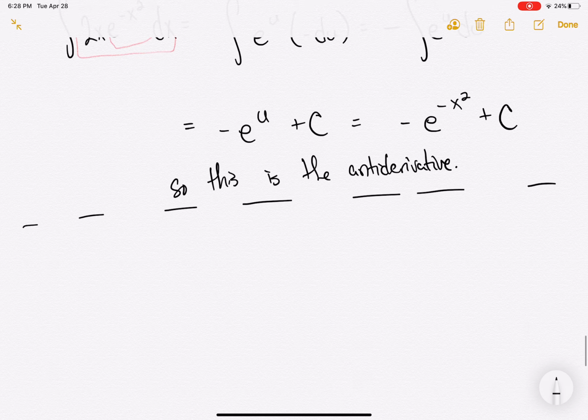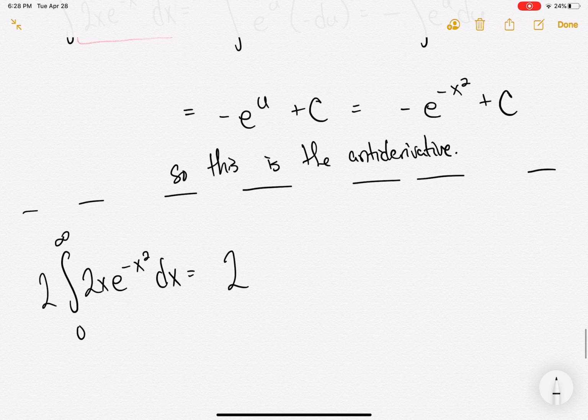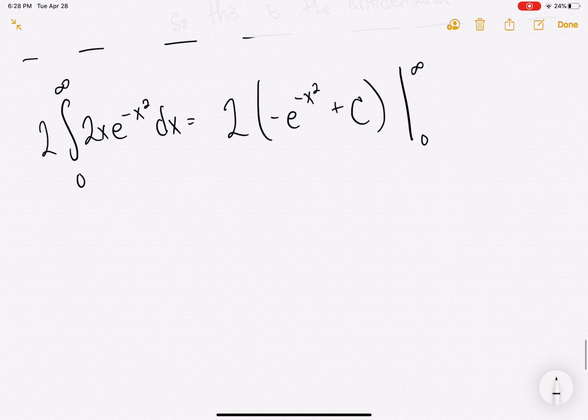Means when I want to evaluate this, I'm really doing this. 2 negative e to the negative x squared plus c at 0 and infinity. And what's going on here, that's really negative 2e, well, there's limits, right?